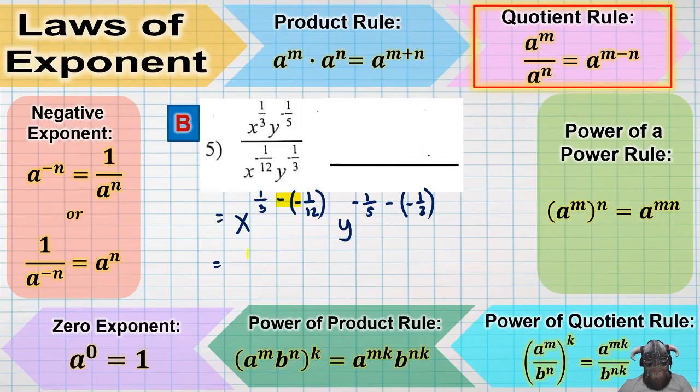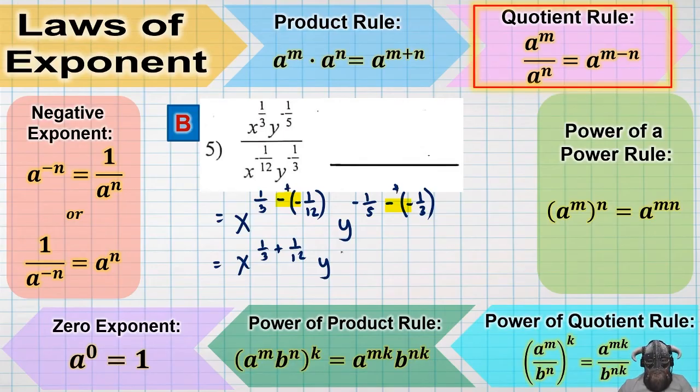Minus magiging plus yan. So, it will become x raised to 1/3 plus 1 over 12, then y raised to, negative, minus negative, so it will become plus.